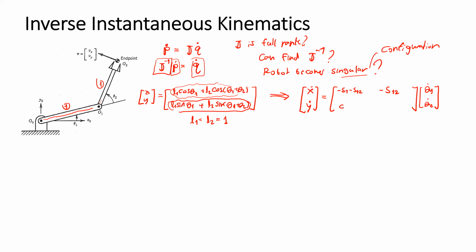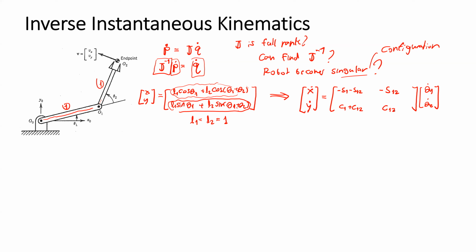We have cos theta 1 and cos of theta 1 plus theta 2. And we differentiate this one by theta 2. We have cos of theta 1 plus theta 2.